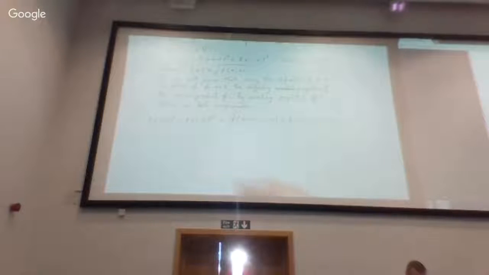And now we're going to use linearity in both the variables. This one is going to give you phi of u with u, plus phi of u with v, plus phi of v with u, plus phi of v with v. So that's what that one gives.